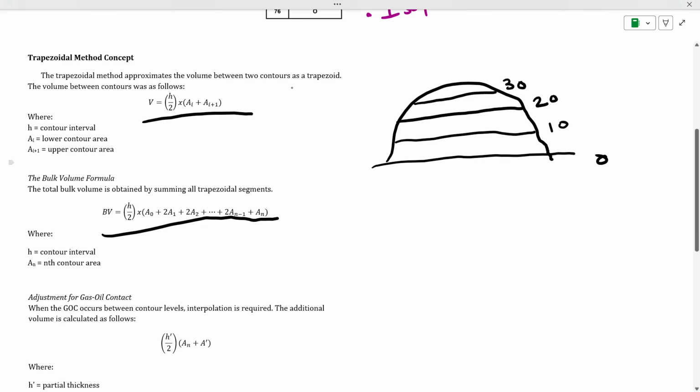Now in the final interval, the calculation or the formula here will be different. Why? Because the thickness may not be equal to the standard interval that we have. As you can see in this illustration, the contour levels increase by 10, so we have 0, 10, 20, 30.